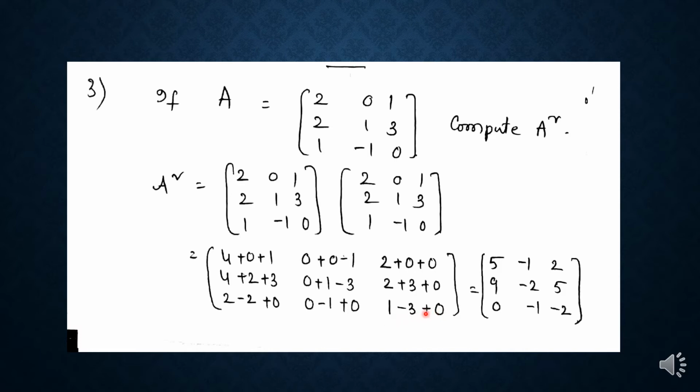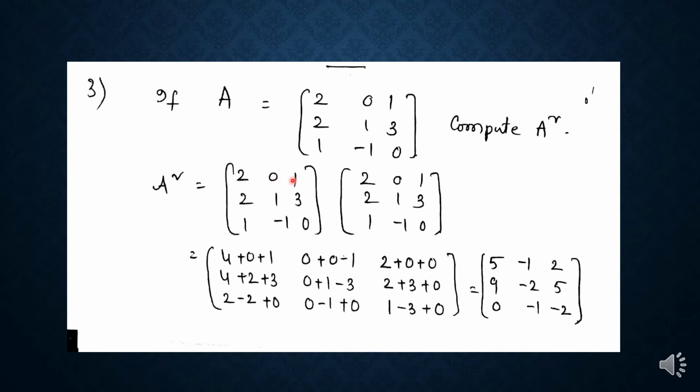So here, 2 0 1, 2 into 2 is 4, plus 0 into 2 is 0, plus 1 into 1. So we should multiply the corresponding elements by row and column.